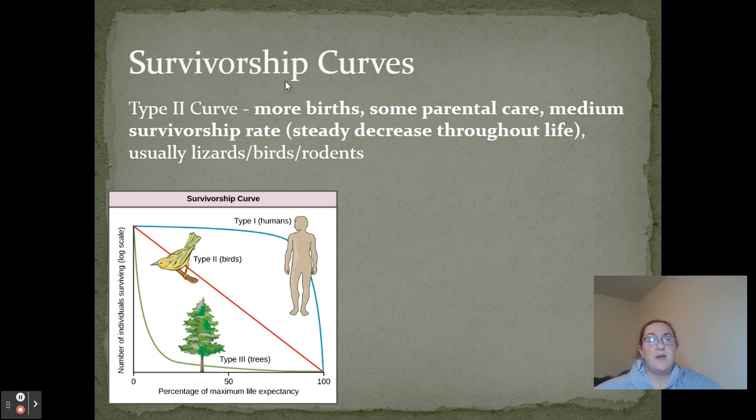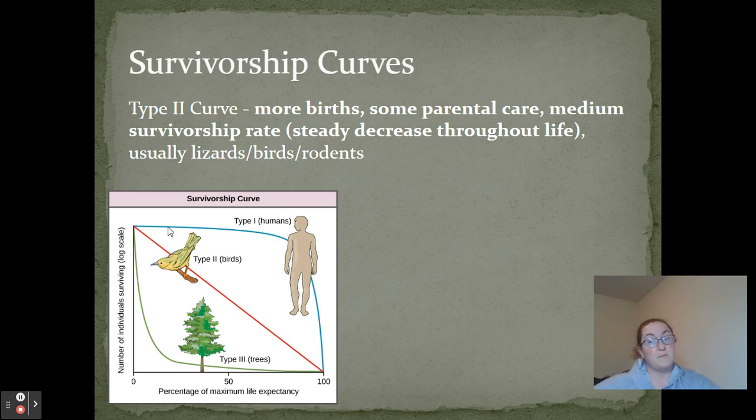Type 2 curves have more births, but some parental care. They have more babies, so every single year they have about 4 or 5 babies per year, or eggs, or a couple dozen eggs. More births, some parental care. They get some parental care, but it doesn't last as long.